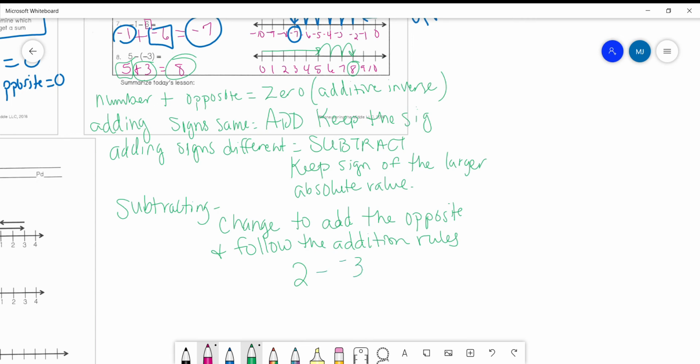So if this is our subtraction example, keep the first number, change subtraction to addition, and the opposite of the second number, and then just follow the addition rules that we just went over, which are right here. So the signs are the same, they're both positive. 2 plus 3 is 5, and that would be our answer.